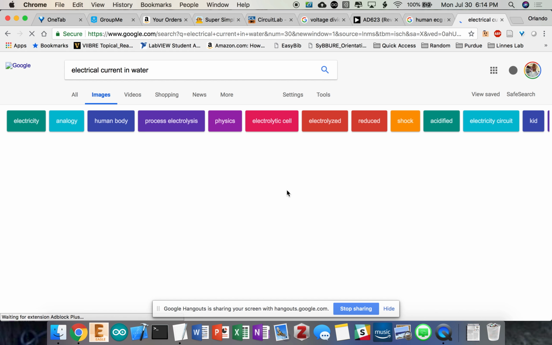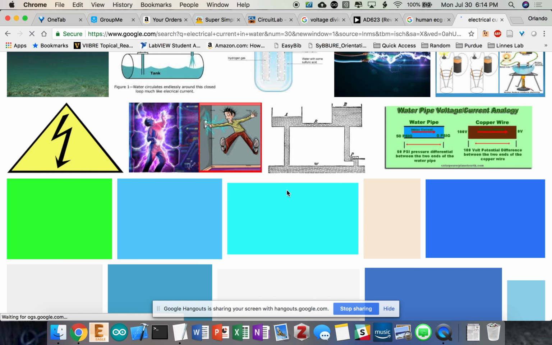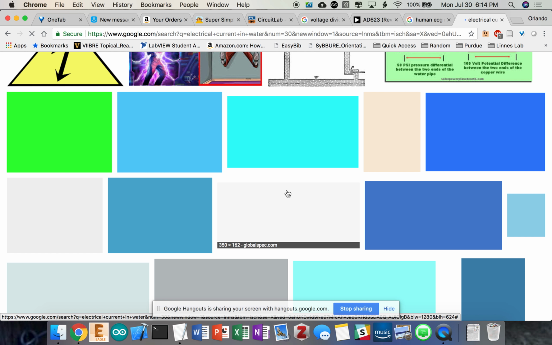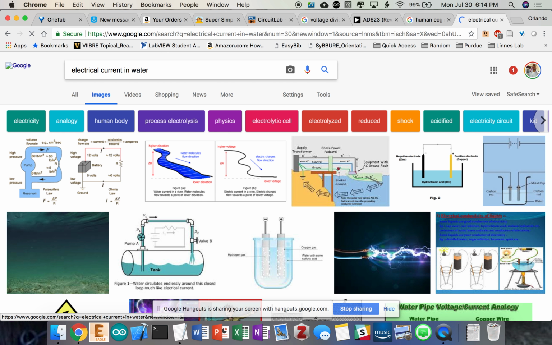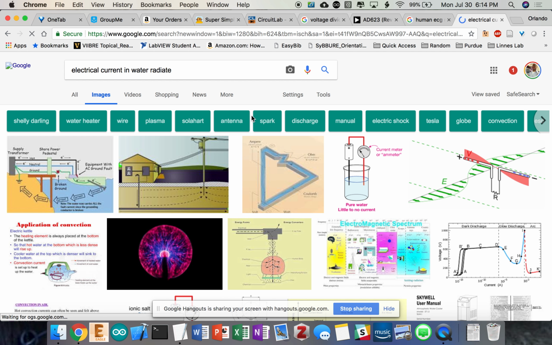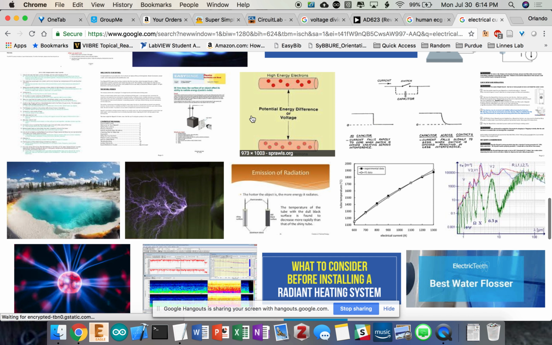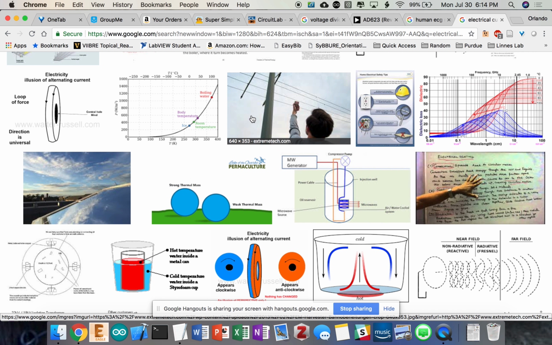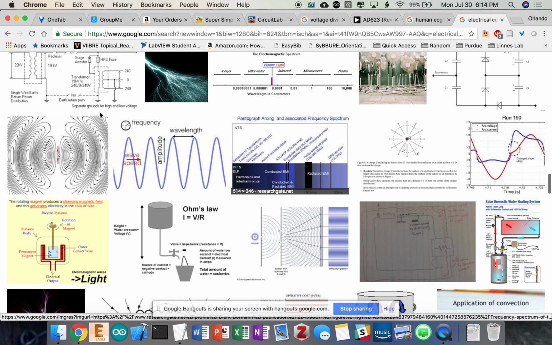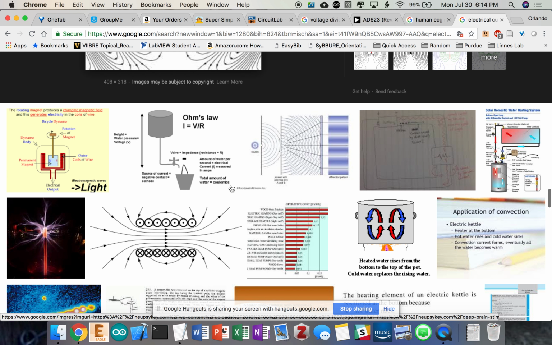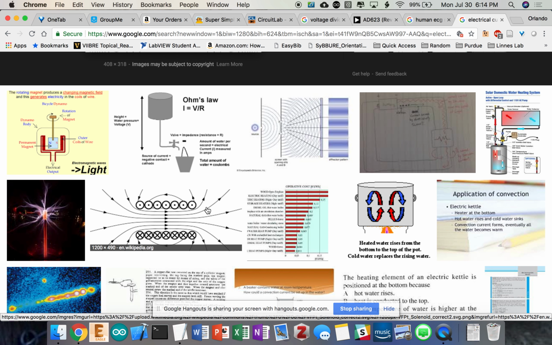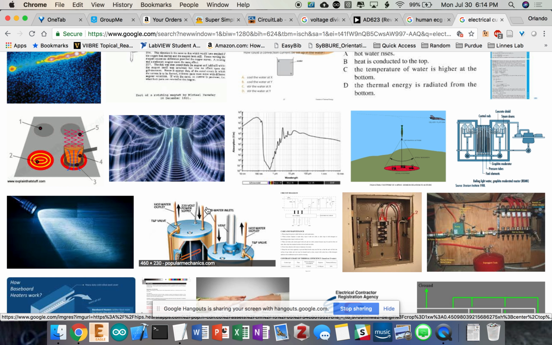So in aqueous systems... Let's see if I can find a good diagram of electrical currents. No, that's not exactly right. This isn't right either.